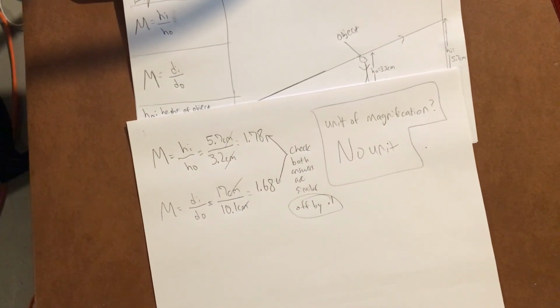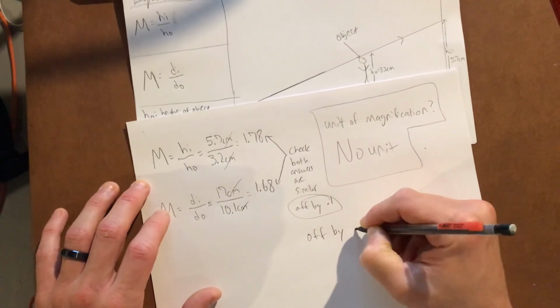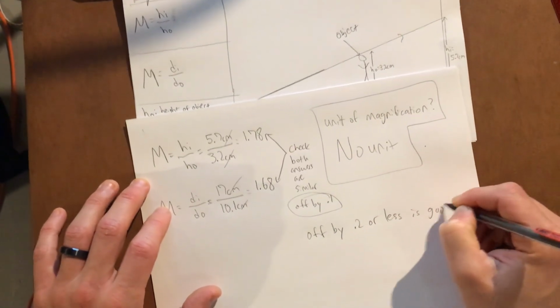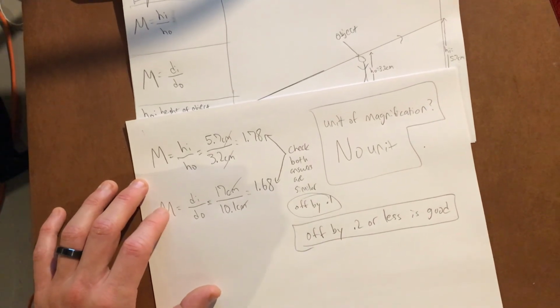If you're off by 0.2, that's okay. 0.3, you know, it's a little much. You should probably go make your measurements again, okay? But if you're off by 0.2 or less, that is good. So make a note to yourself of that. If they're off by 0.2 or less, you're good.